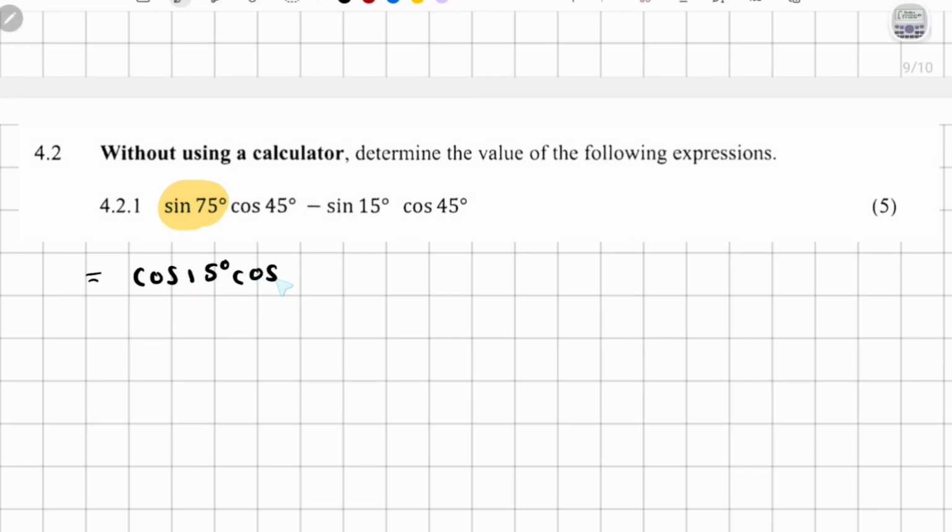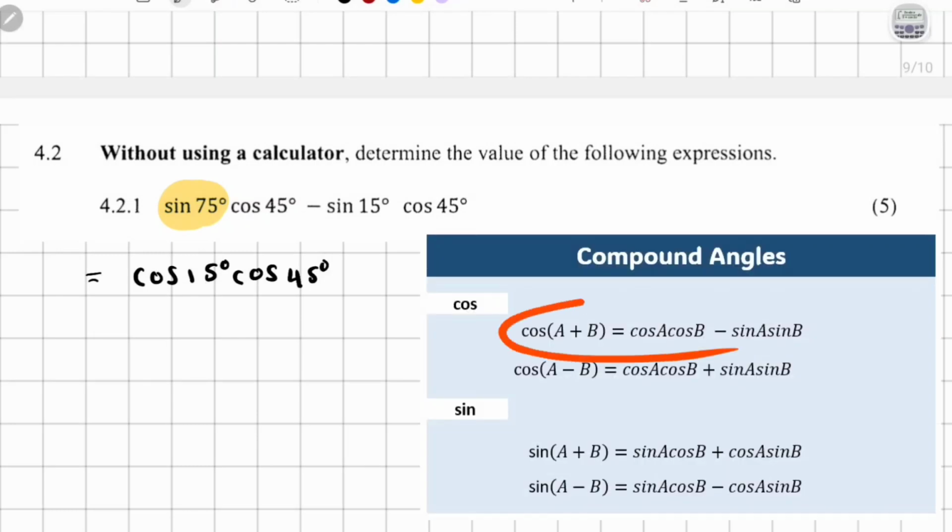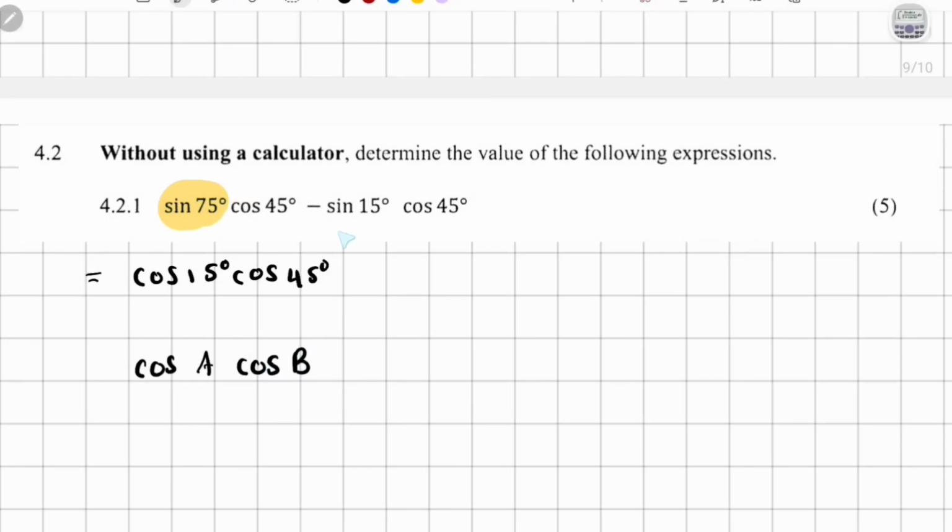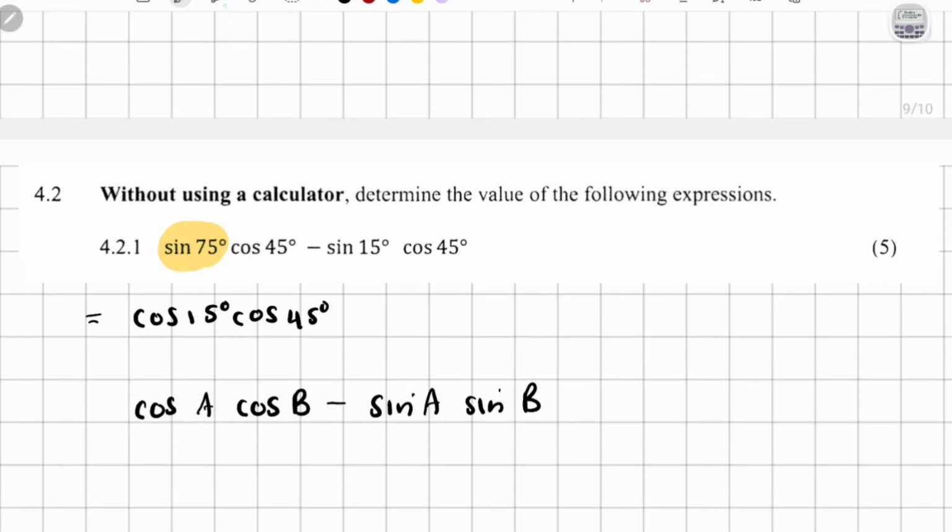I'm seeing cos, okay, and we've got 15 degrees, 45 degrees, 15 degrees, 45 degrees, which looks fine because I'm seeing that I can change it into cos's compound formula, which is cos A cos B, right? And because I have a minus minus, sine A sine B. So you see that you have cos A, that's 15 degrees, and cos B, that's 45 degrees.